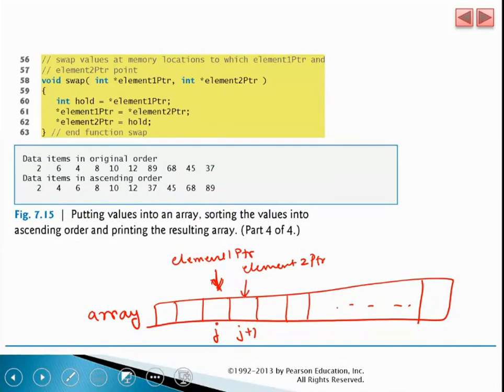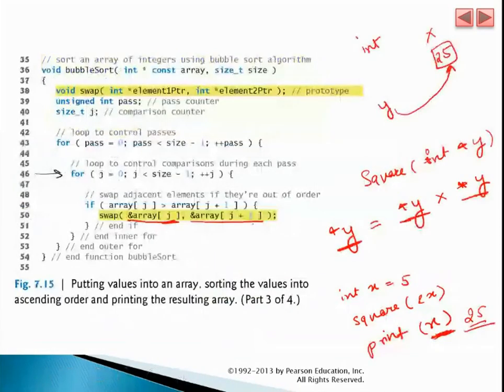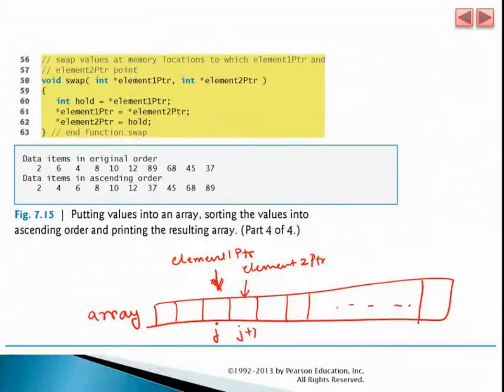This is how we are passing things, j and j plus 1. It is swapping the values. We call the swap function only when we have to swap the values, otherwise we do not call it. So it is actually changing these values, because the star pointer is pointing to this location and the element 2 pointer is pointing to this location. So whenever we change the value, it happens in the original array. Is this what you are asking?